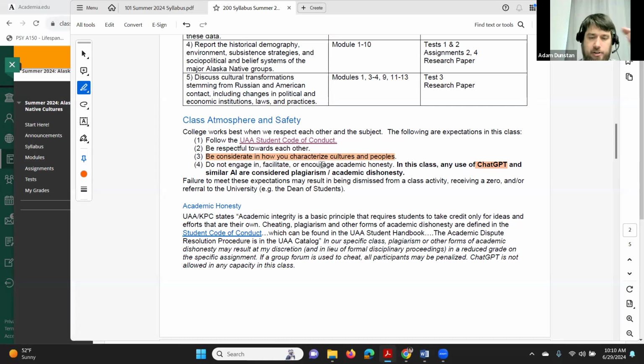The other thing is just to be considerate in how you characterize cultures and peoples. There are terms that if you know they're offensive, or at least that some people find them offensive, avoid them. In a class like this, a common term, for example, is Eskimo that people might use in the first weeks.